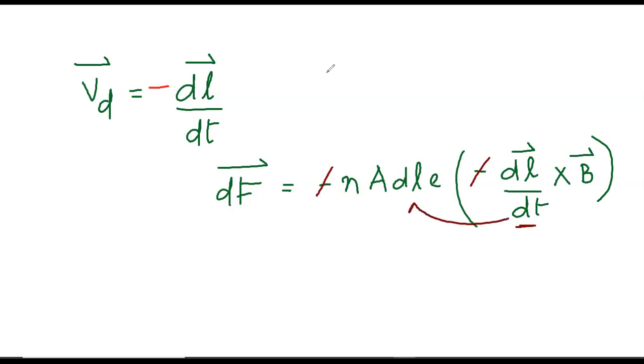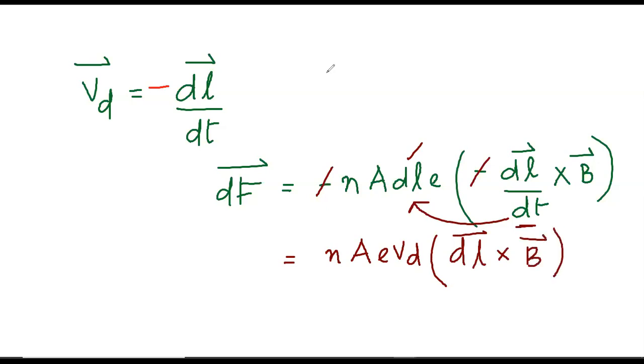I'm going to club it with this dl. So dl by dt, where dl and dt here are scalar quantities, because the dl that we have considered over here was considered for volume, which is a scalar quantity. So dl by dt is going to give me v, the magnitude of the velocity. So I'm going to write it as n A e Vd times dl cross B.